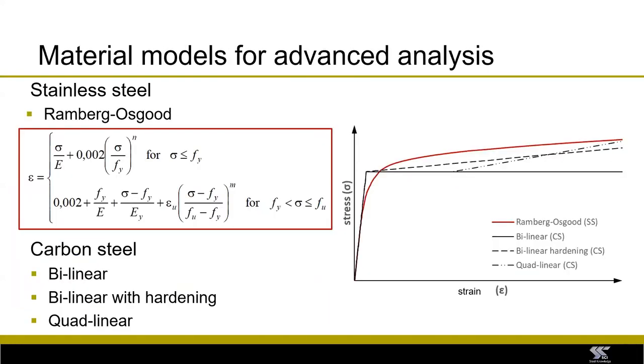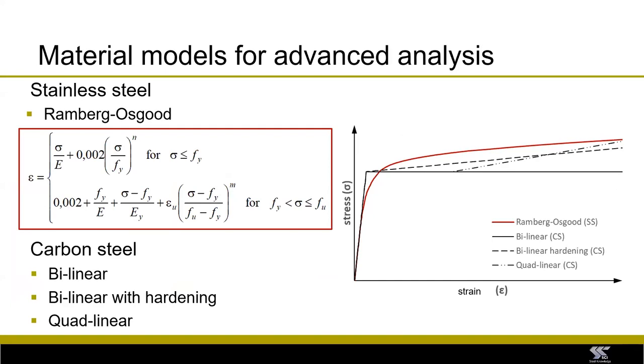Here's another example in all the stainless codes, and that is the material model. Now, back in the 1940s, we had 2 people, Mr. Ramberg and Mr. Osgood, and they came up with this very nice equation for modeling materials. I think they were working on aluminium for the aeronautical industry, modeling nonlinear stress-strain characteristics. And so this has been adopted by materials like stainless steel and aluminium.